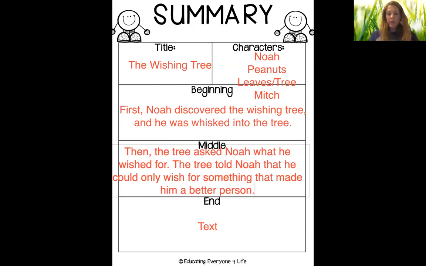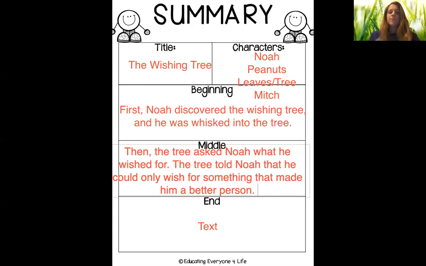Now, we could get really in depth here and say he wished for $1 million, he wished that he could beat a dragon, and that kind of thing. We do not need to give every single detail from the story. This is a summary. We are not rewriting the story. We are just hitting the main points.